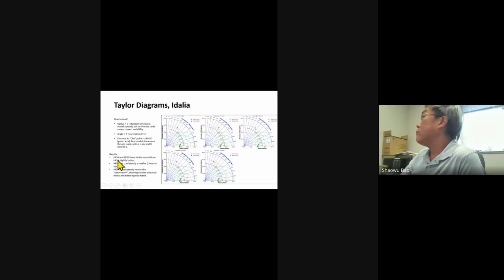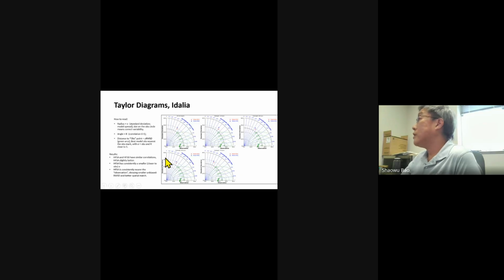The Taylor diagram for Idalia is a little bit different because now HAFS A and B seem to have very similar correlations at all forecast times, although HAFS A is slightly better than HAFS B in terms of the correlation.